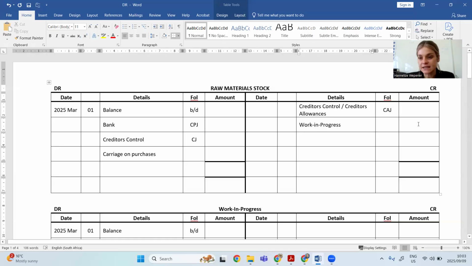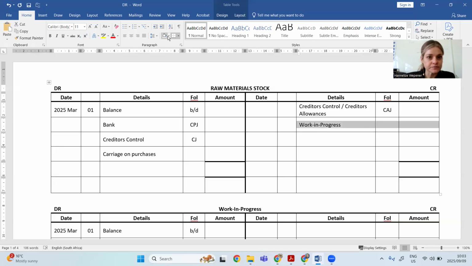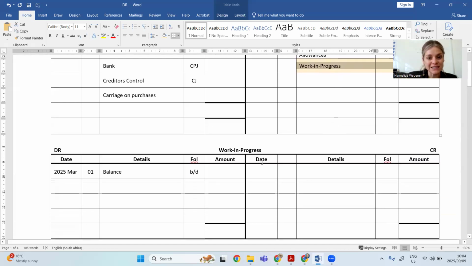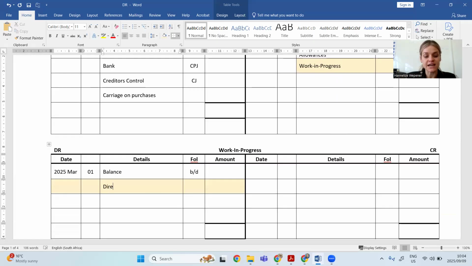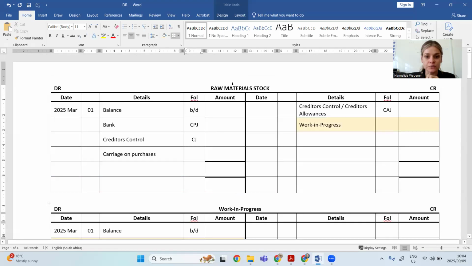Work in progress is the raw materials that I've now started working on, which means that I need to go to work in progress, and I need to show that I have now issued some direct materials in the GJ to my work in progress. So it's no longer raw materials.